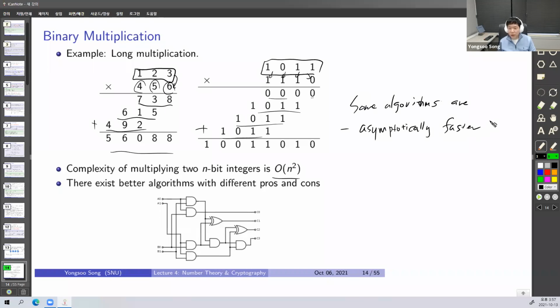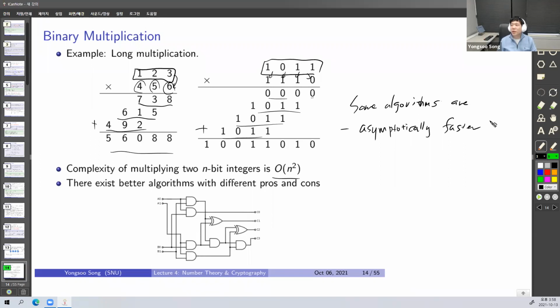So asymptotically fast means, so maybe you will study these algorithms in other CS classes, but some popular algorithms are Karatsuba algorithm, Toom-Cook algorithms, or FFT-based algorithms.